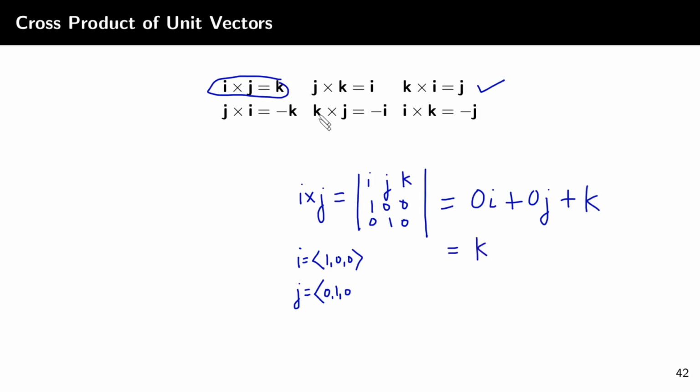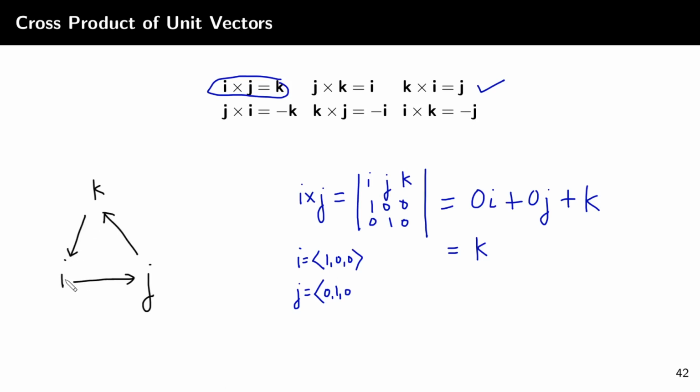Now, if you want another mnemonic device for memorizing these products, because every now and then these cross products will come up. You can write ijk or draw ijk on a triangle, and then draw a counterclockwise arrow from i to j, j to k, and k to i.